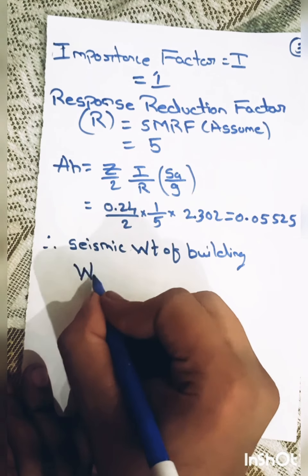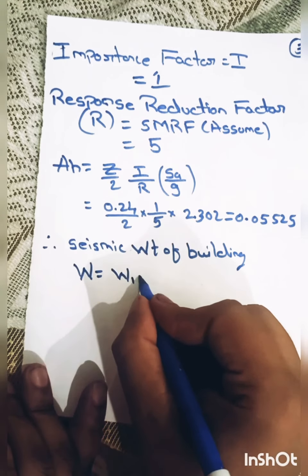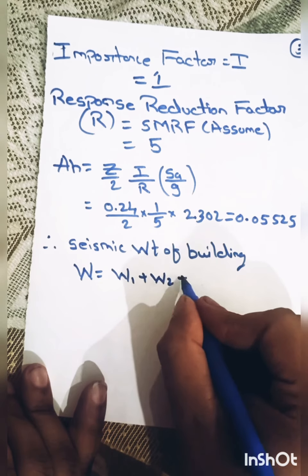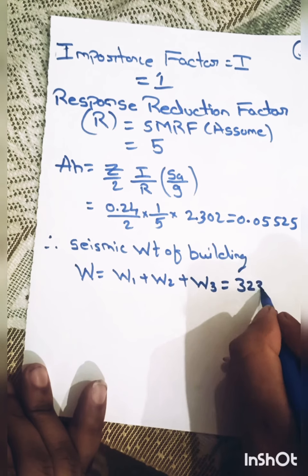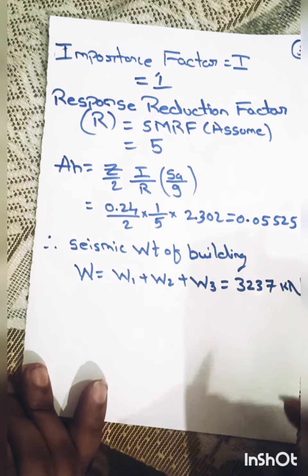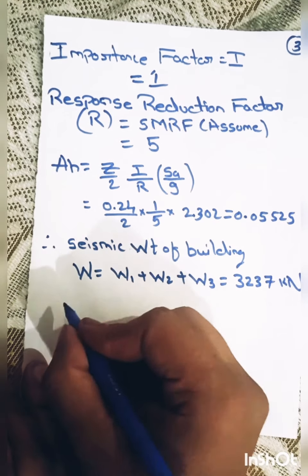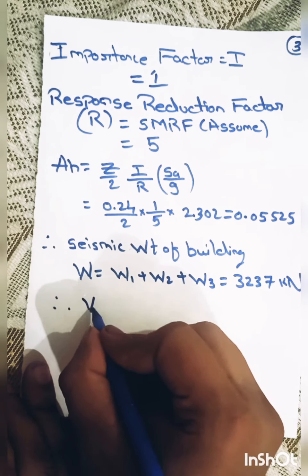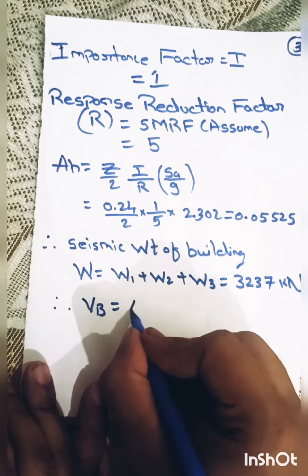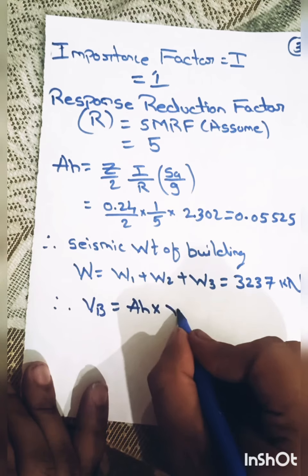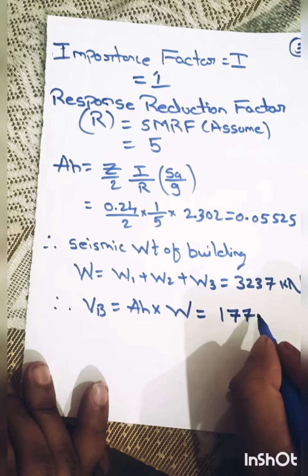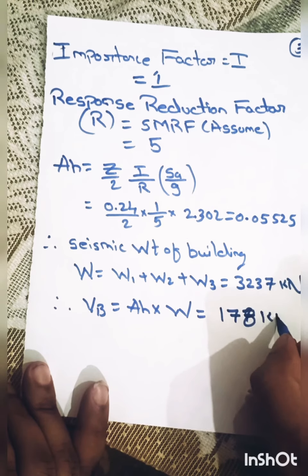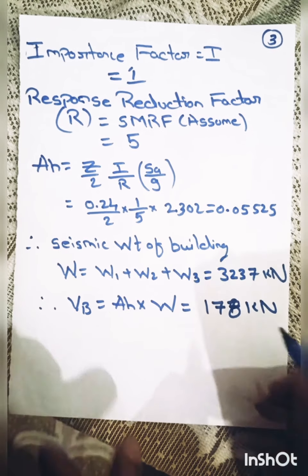So total W is equal to W1 plus W2 plus W3, which comes around 3237 kilonewton. So therefore, base shear VB will be AH into W, which comes around 178 kilonewton.